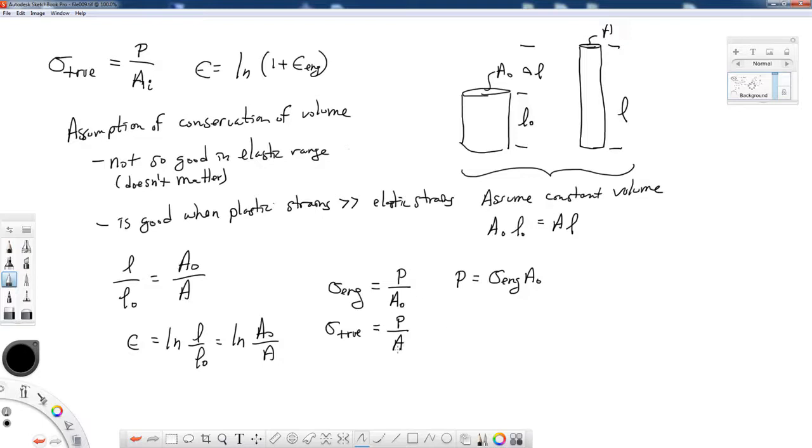And since epsilon is equal to ln of A naught over A, we can also write this as the ln of 1 plus the engineering strain. So if we take the logarithm and get rid of that on both sides, the argument of the logarithm has to be equal. So A naught over A should be equal to 1 plus the engineering strain.